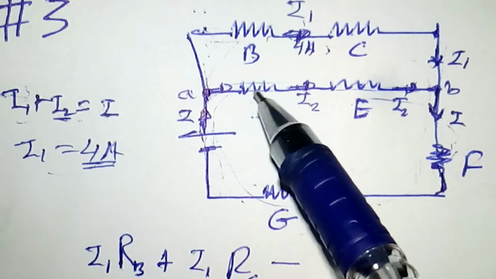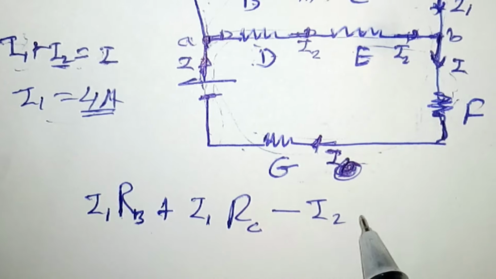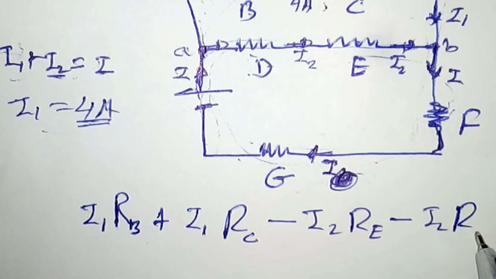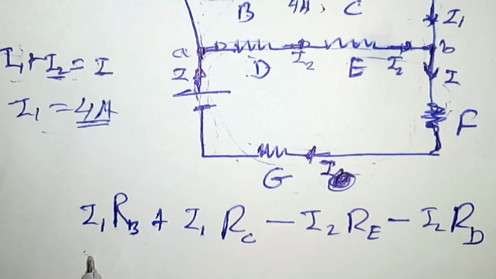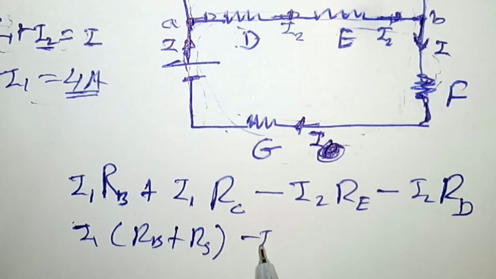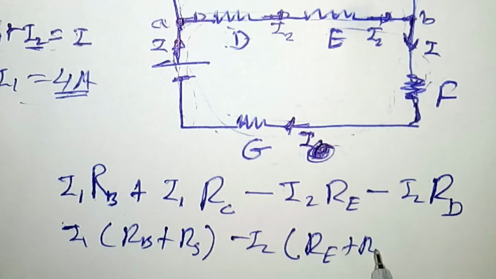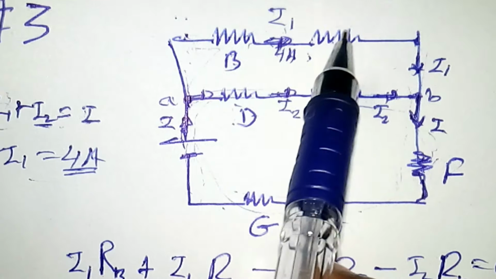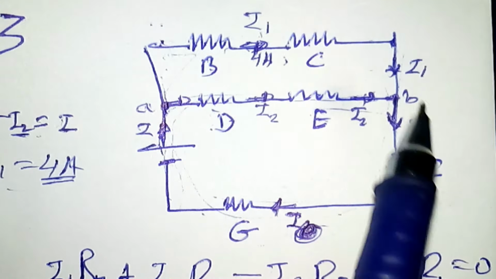So I take a negative I2 resistor RE and again minus I2 resistor RD. So I get I1 (RB plus RC) minus I2 (RE plus RD), which equals 0 because there is no source of EMF along this loop.